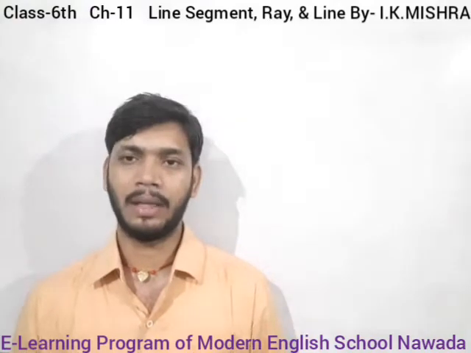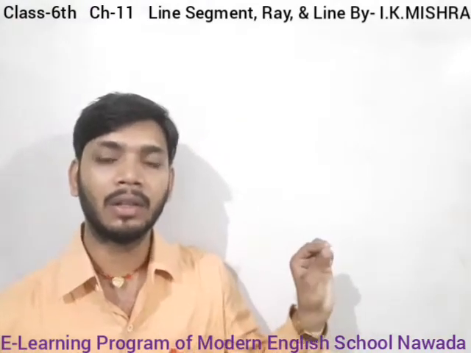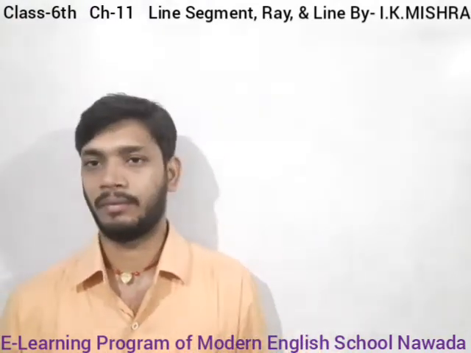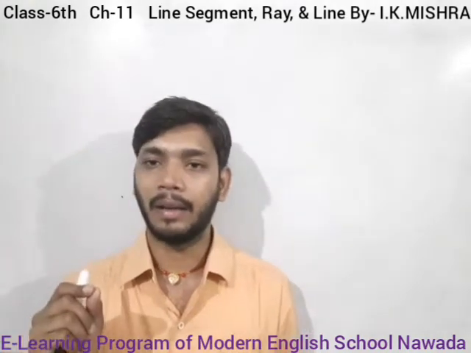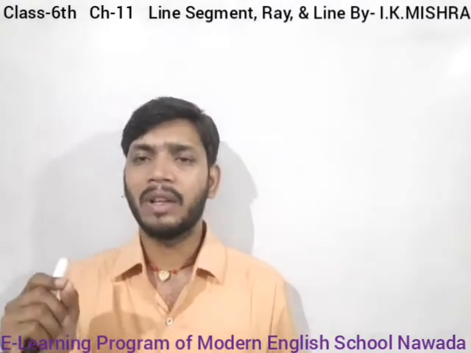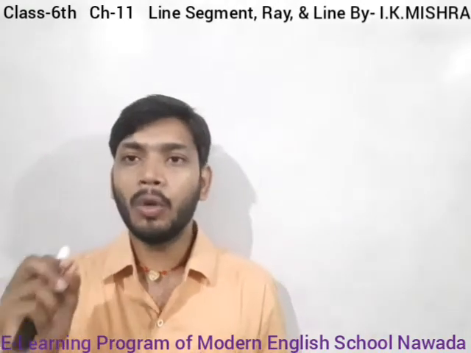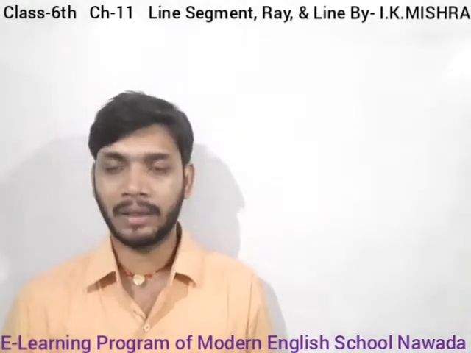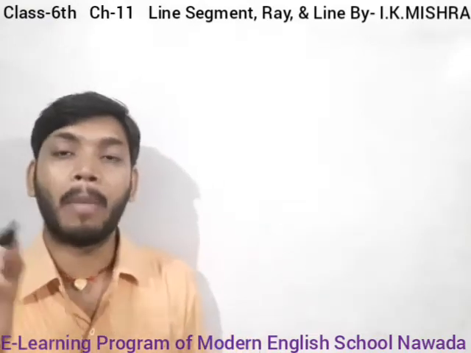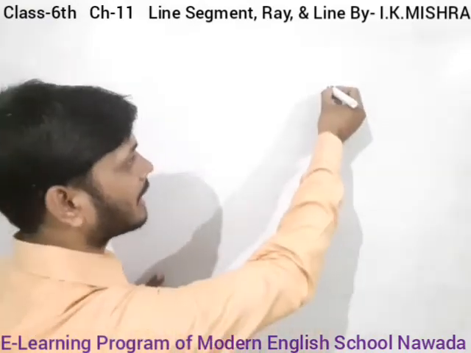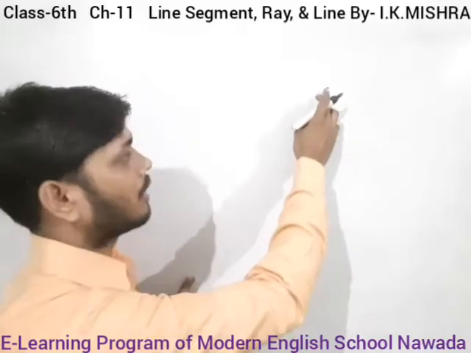Point is the exact location of anything. That means point is a thing which has no length, no width and no height, but it's only a mark. Suppose a mark is given here on the board.